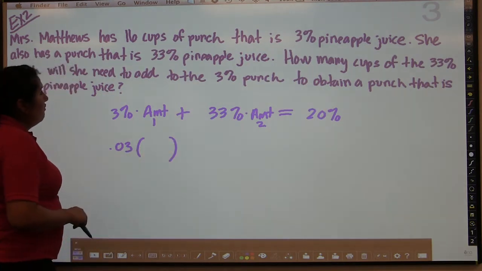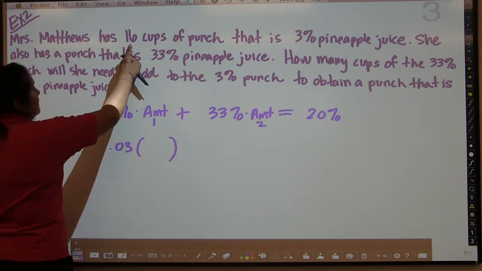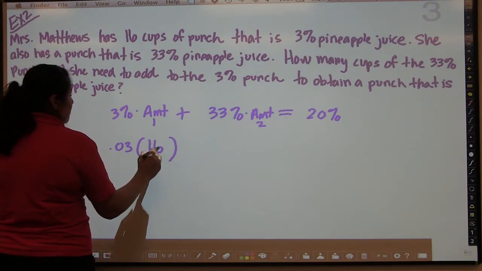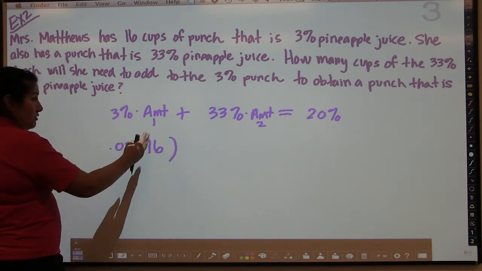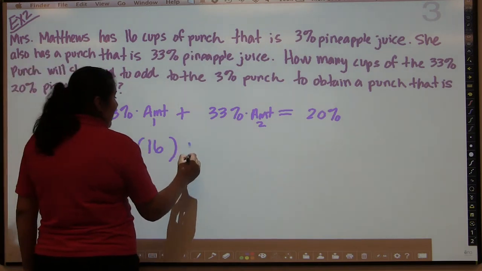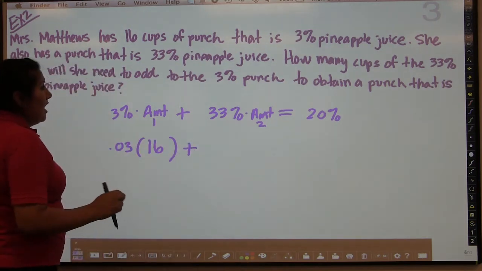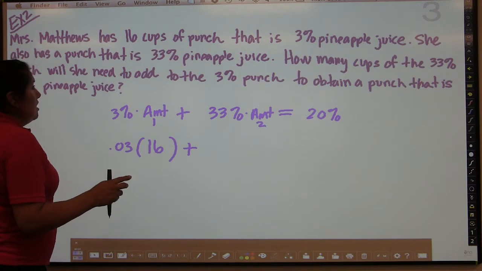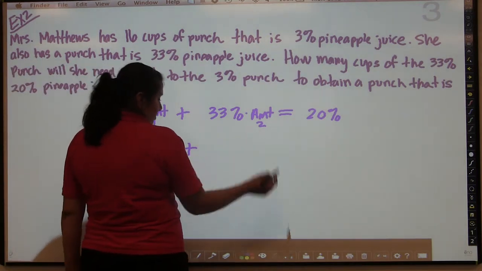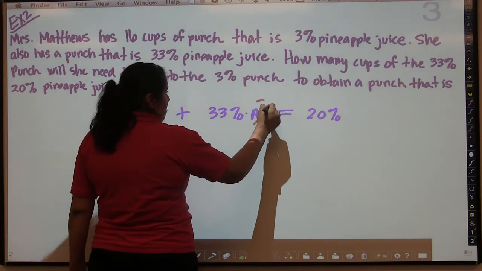So we know for the 3% that she has 16 cups of punch, that's 3%. So 16 cups times 0.03 is the amount of 3% juice that she has. And she's going to add that, and it says here how many cups of the 33% punch. So how many cups of the 33%, so we don't know that. So that's going to be our variable. Call that x.